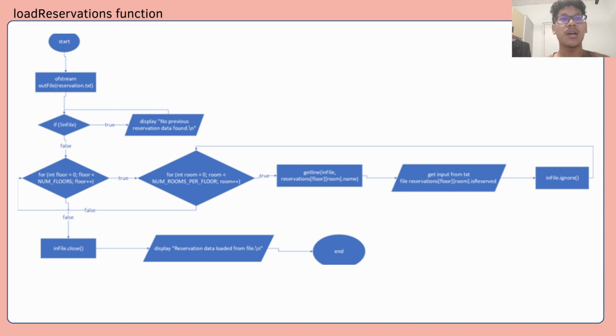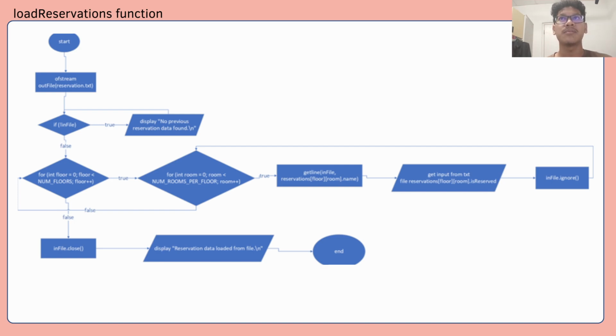In this function we use the file method to get the input from the file called reservation.txt. We also use 2 for loops, and then we display the reservation data loaded from the file.